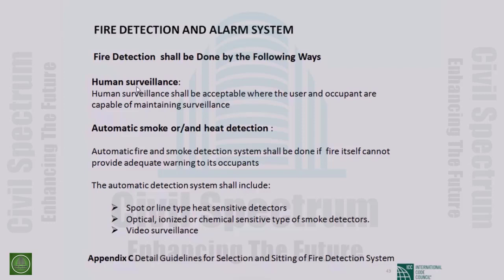So we have three different types: detection of heat, detection of smoke, meaning ionization, and lastly the video or color of the flame. We have these three types of detection systems.